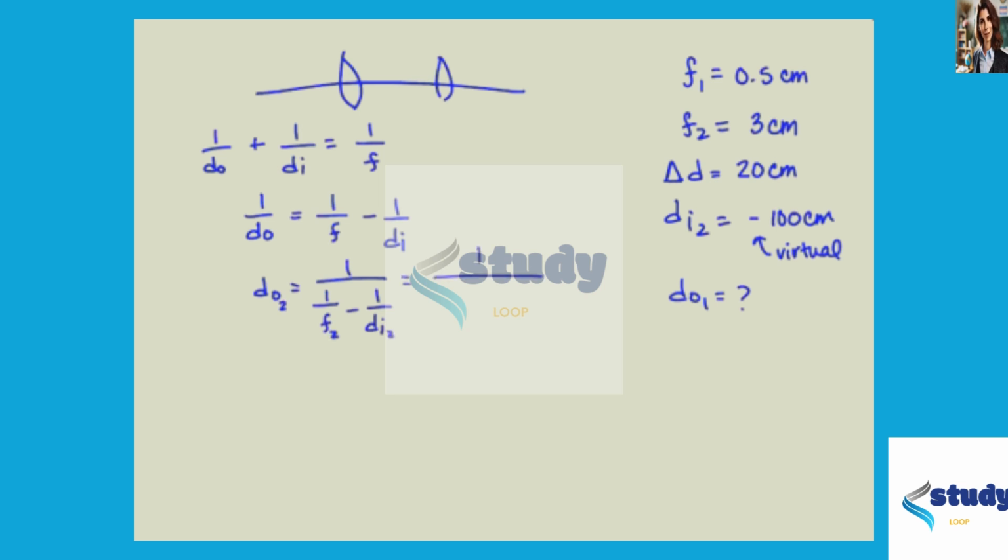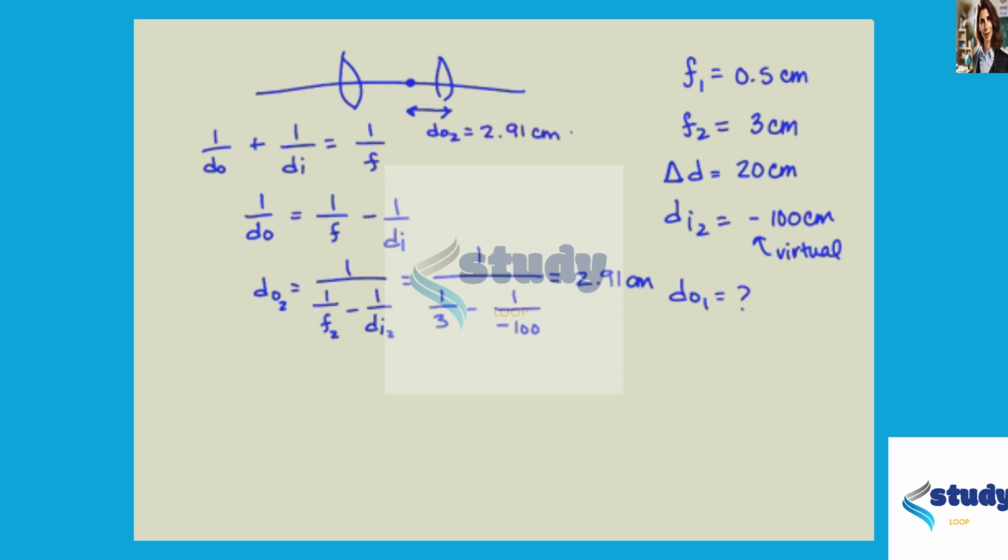And then this becomes 1 over 3 minus 1 over negative 100 to get a distance of the object as 2.91 centimeters. That tells you that my object distance of my second lens, so DO2, is 2.91 centimeters.